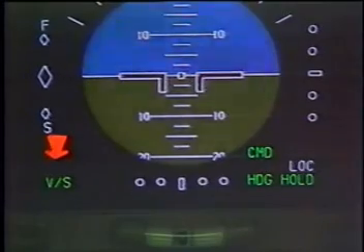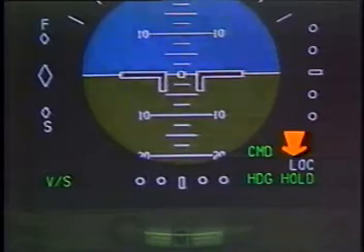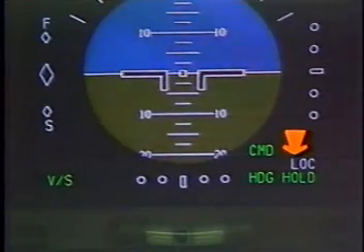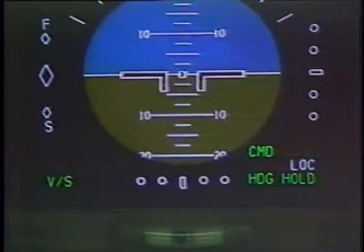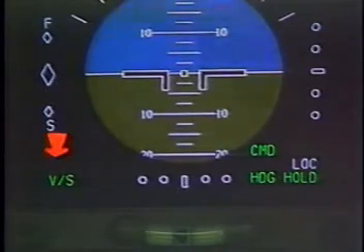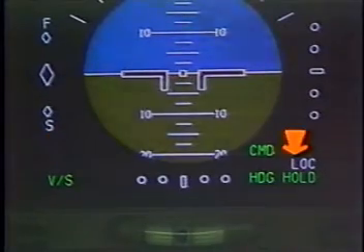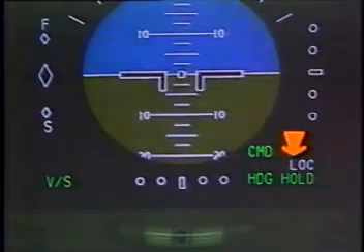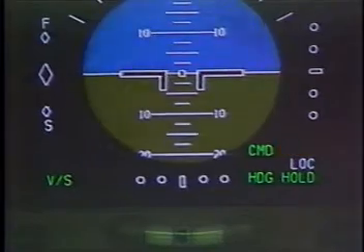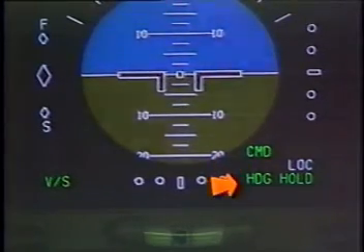The lower left and right corners of the EADI are referred to as the Flight Mode Annunciator, or FMA, and contain the mode data. The lower left FMA contains pitch axis data, and the lower right FMA contains roll axis data. Mode messages are displayed in white or green.